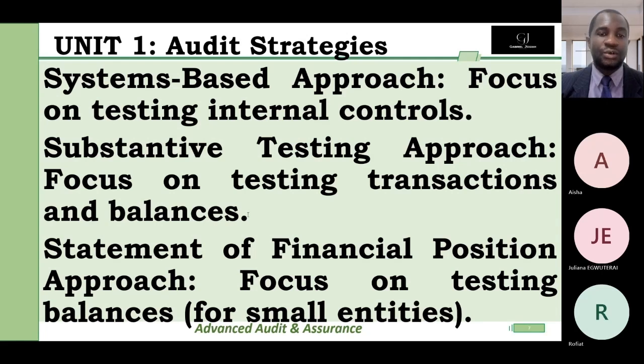And also the testing focuses on the design and operational effectiveness of internal controls. Some controls are designed, but they don't work. They are not effective. So you test their design and also their operational effectiveness. It is one thing to have internal controls, and it's another thing for people to follow those controls. Are they effective? So auditors test those controls to see if you can rely or place trust on them, and you are reducing the need for extensive substantive testing. And that's the objective of the system-based approach.